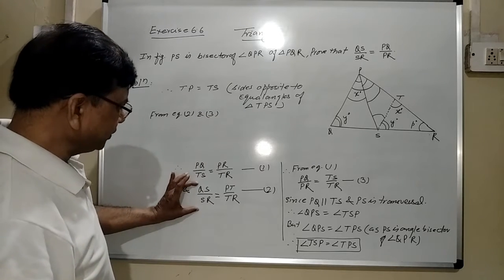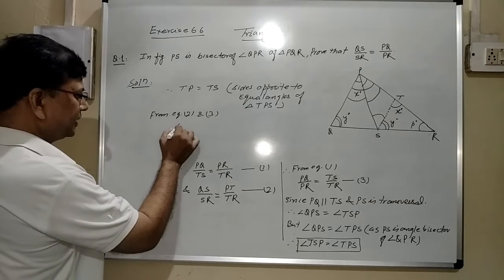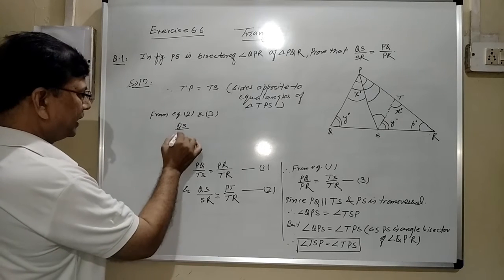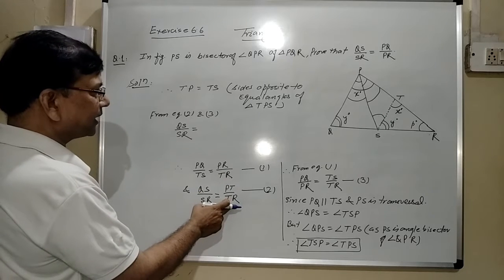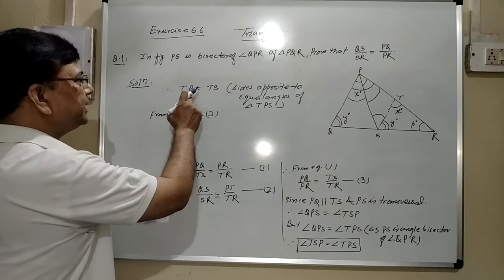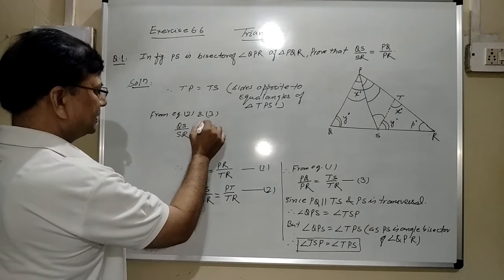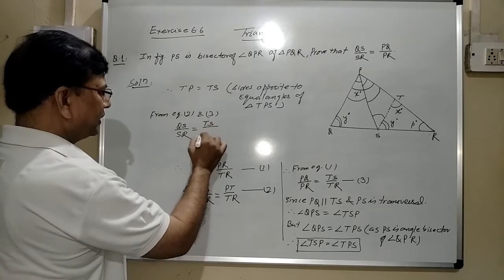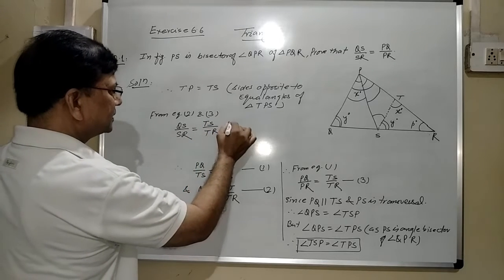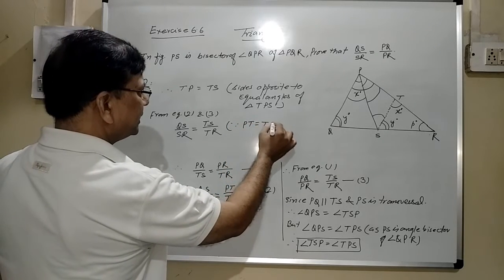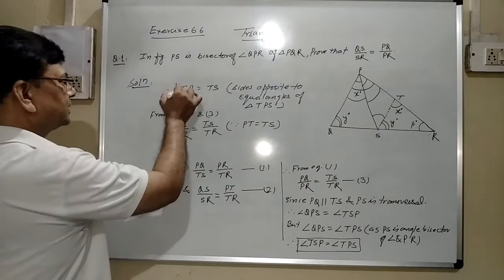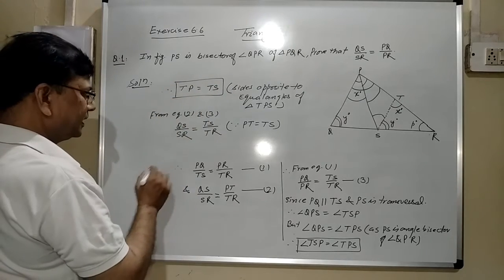See, equation 2 is QS upon SR is equal to PT upon TR, and PT is equal to TS, so QS upon SR is equal to TS upon TR.